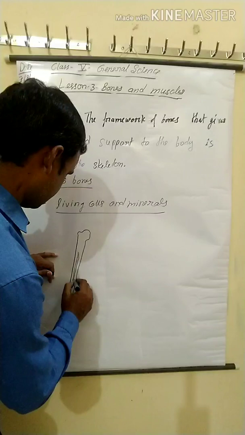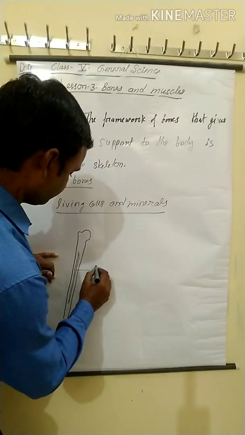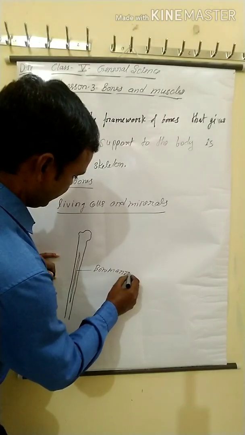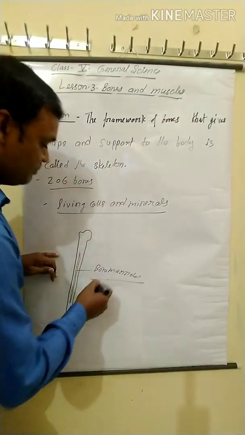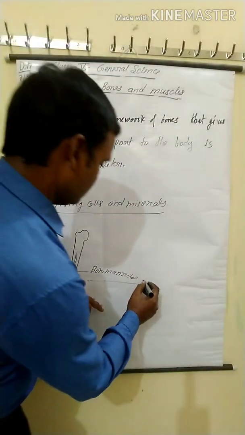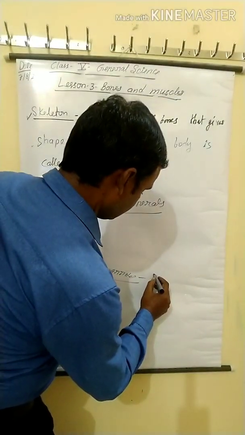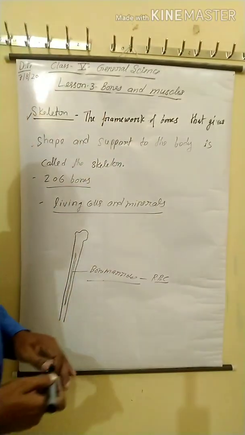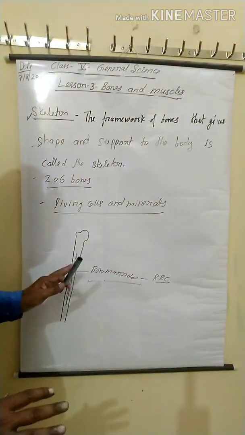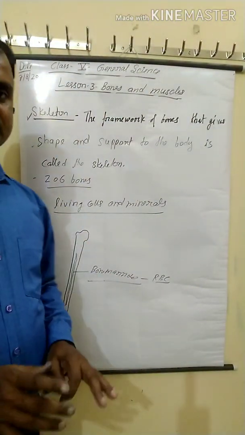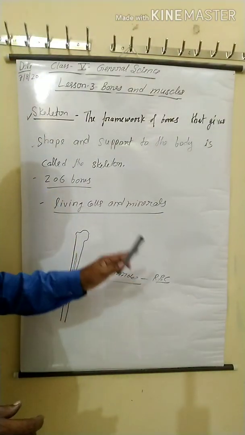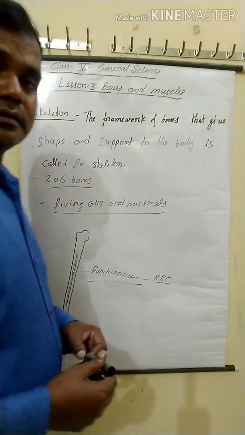This jelly-like substance is called bone marrow. Bone marrow is a jelly-like substance that produces RBC, red blood cells.